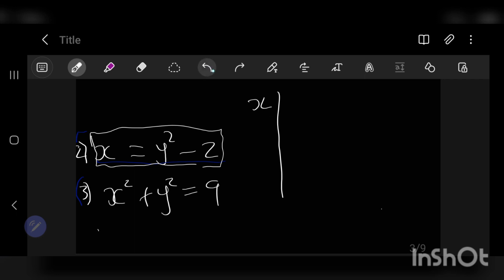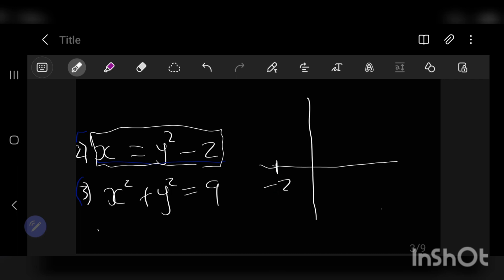But to make things easier, people, I'll just draw it because it is easier to answer this type of question when you've drawn the graph. So based on this function, we can see that it moved two units here. So this is our function, people.